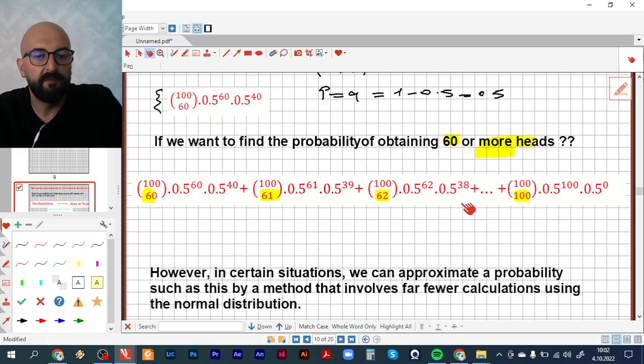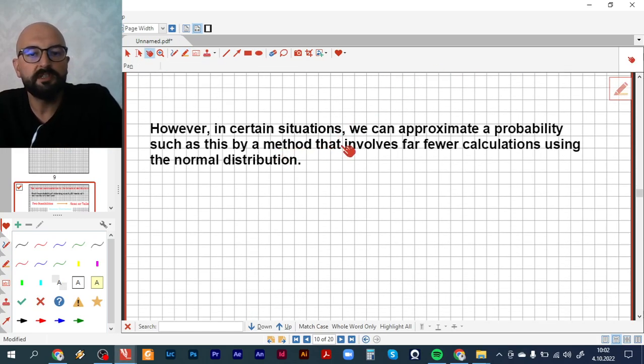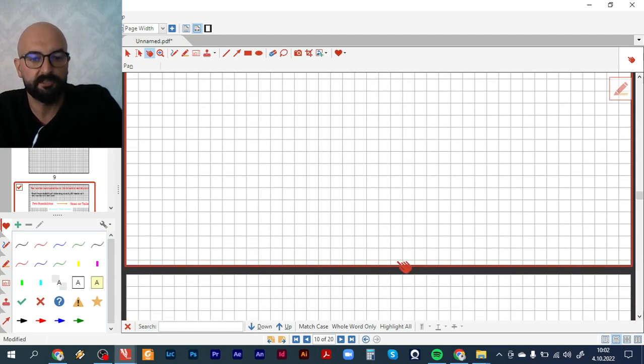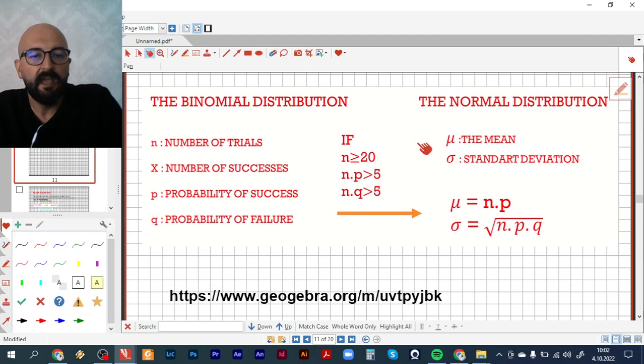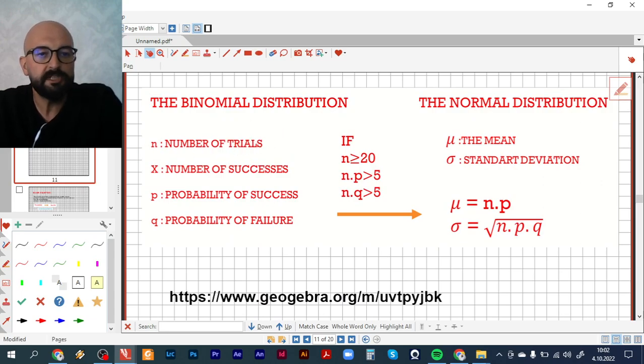However, in certain situations, we can approximate a probability such as this by a method that involves far fewer calculations using the normal distribution.